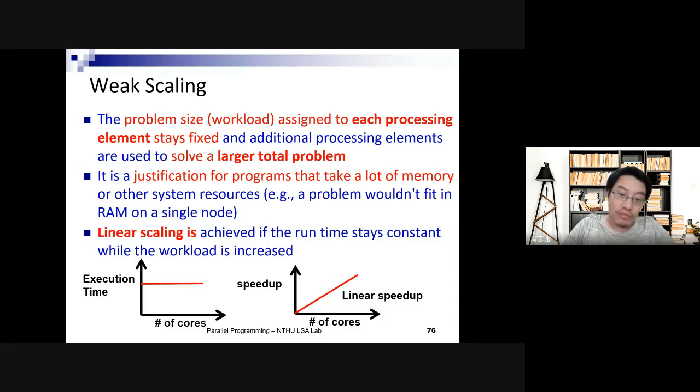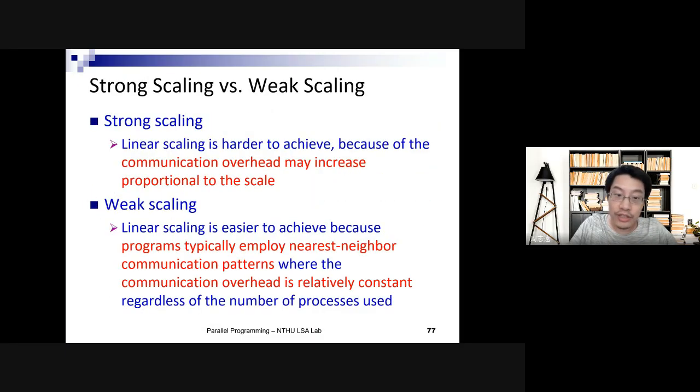Okay, so it's much easier to pick a problem size to conduct the experiments. So it's also easier to conduct weak scaling experiments. Okay. All right. So that's why we have two definitions, two ways to measure the speed up.